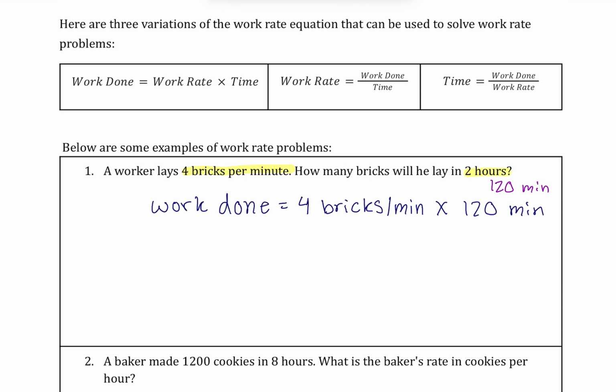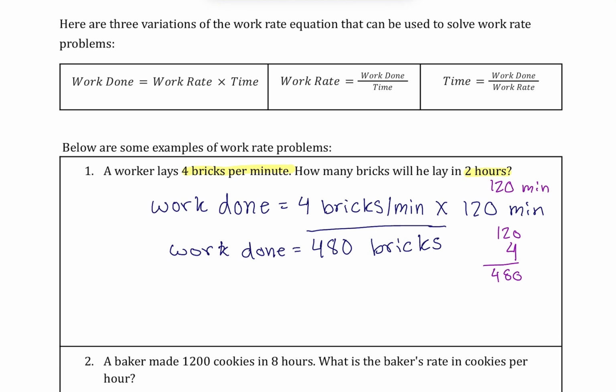So we want to do 4 times 120. So off to the side, 4 times 120. 2 times 4 is 8, 1 times 4 is 4. So that's going to be 480 bricks. So work done equals 480 bricks. So 480 bricks will be laid.